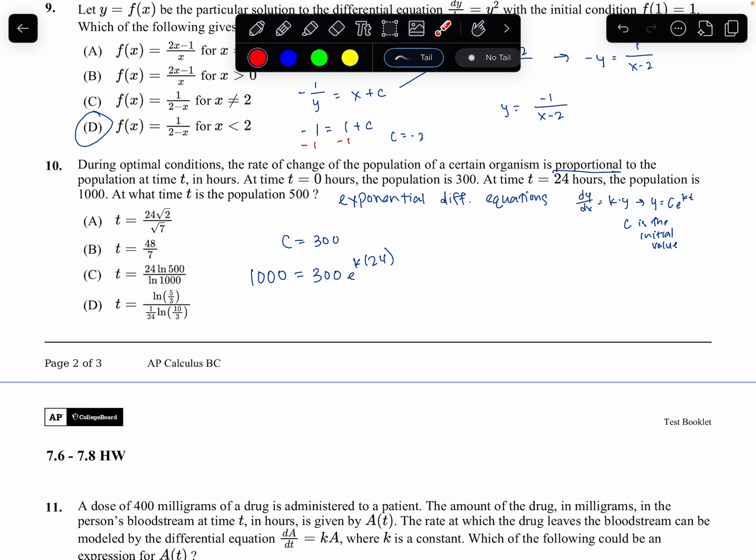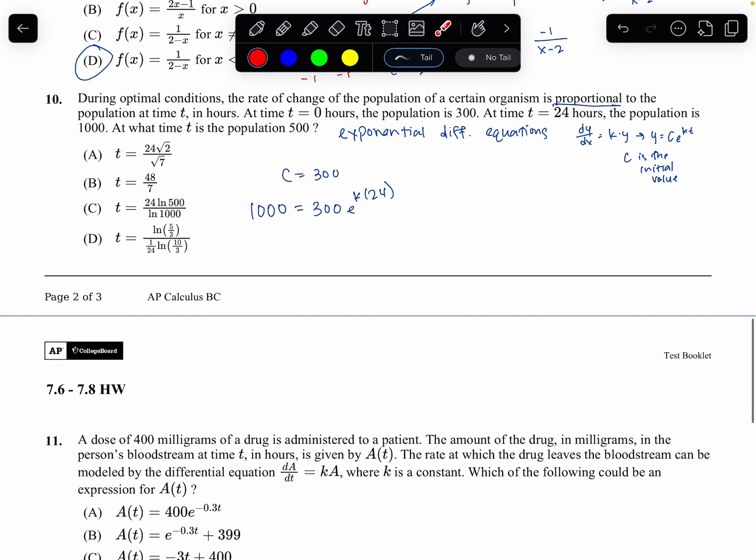In this case right here, we're going to solve for the constant k. That's what we're missing. And then we're going to make one more equation where we can substitute 500 for the population. Let me walk you through what I'm thinking. We'll divide by 300, which gives us 10 over 3 equal to e to the 24k.